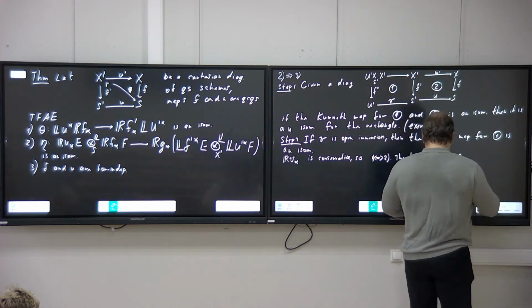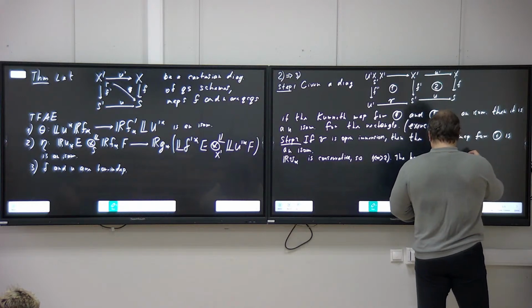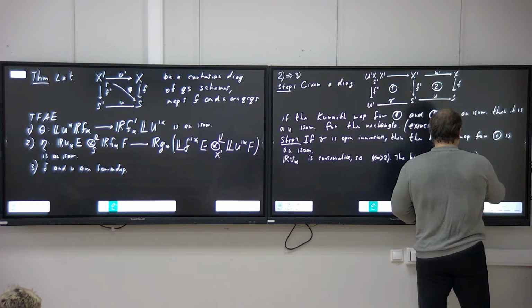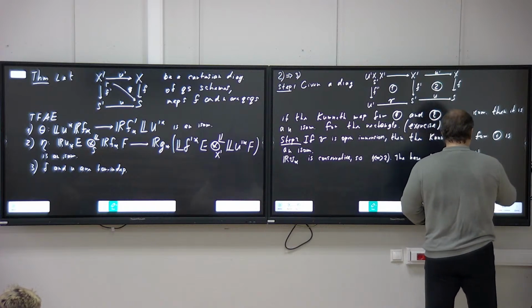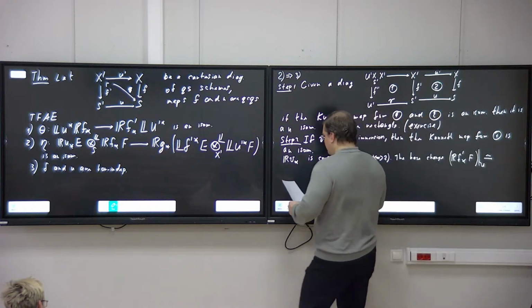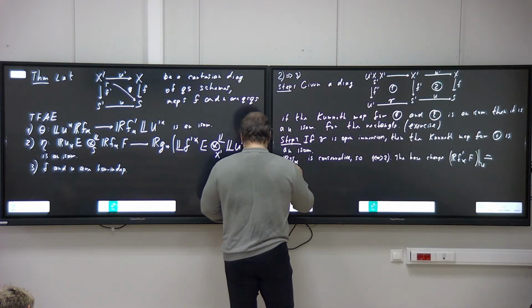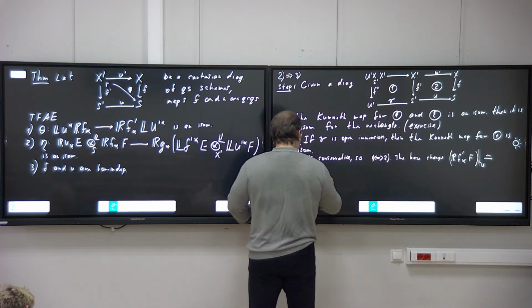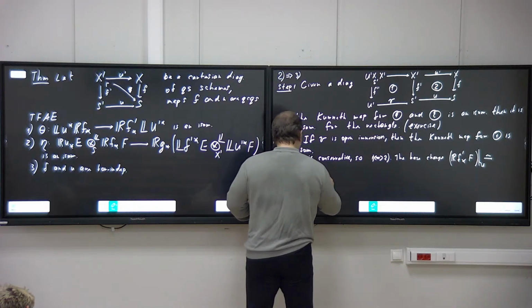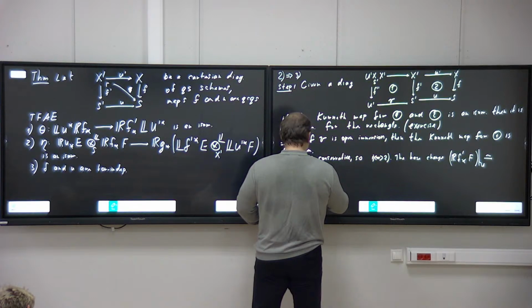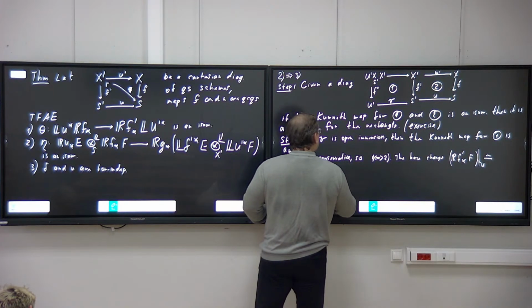So the push forward along f prime of some object F, then I restrict everything to the u. So this is isomorphic to the push forward along f double prime of the F restricted to, well, I think the formula is short if I just write f prime inverse of the u prime.